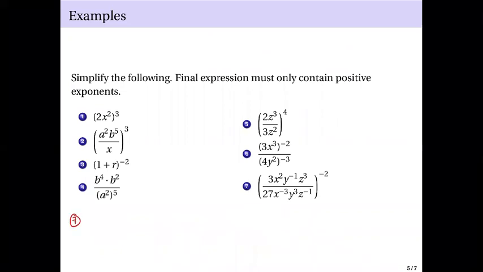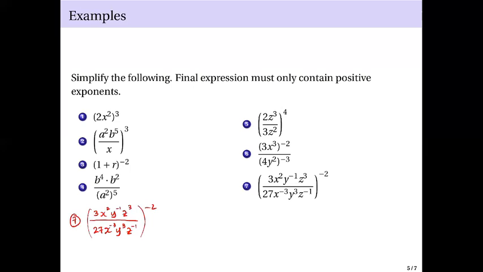So we have here 3x squared, y raised to negative 1, z cubed, divided by 27, x raised to negative 3, y cubed, z raised to negative 1. Then you raise it to power negative 2.